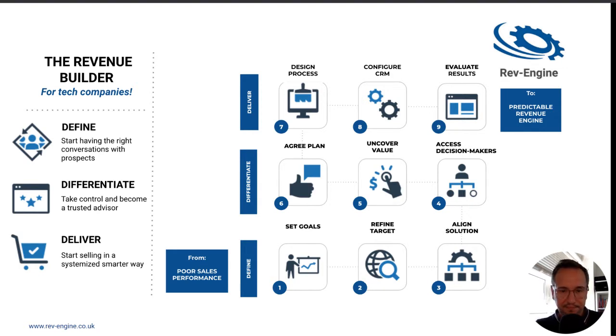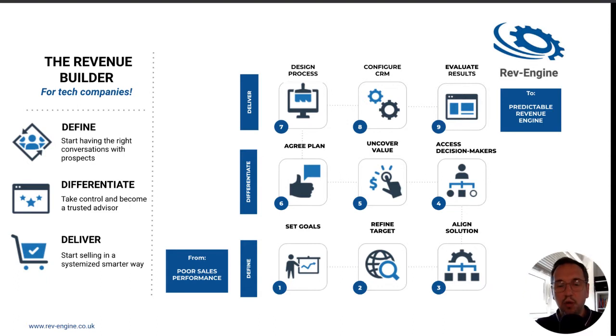Basically, what this program covers is putting in place the things you need to be able to increase sales in 90 days or less. Typically, what tends to happen is salespeople or tech organizations don't have a clear goal.